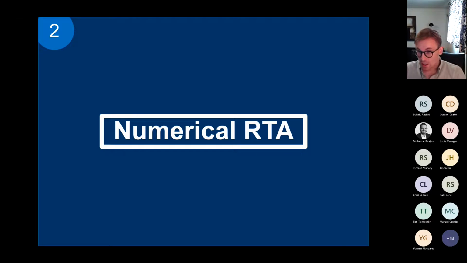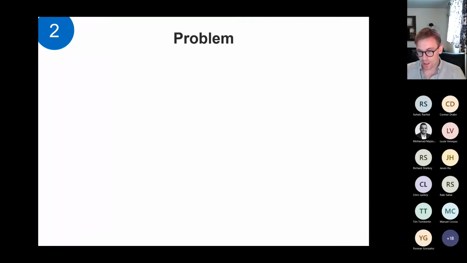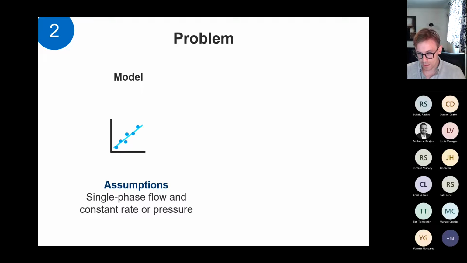Number two is numerical RTA. And numerical RTA was introduced to solve one of the inherent problems with classical RTA. The problem with classical RTA is that it assumes single phase flow. And when you derive reservoir parameters from it, you assume either a constant rate or a constant pressure solution.